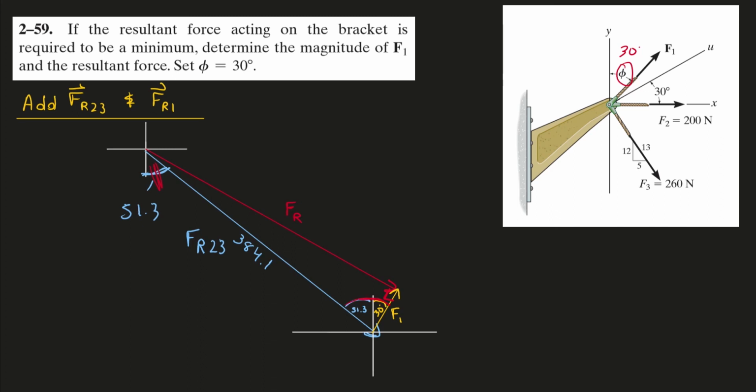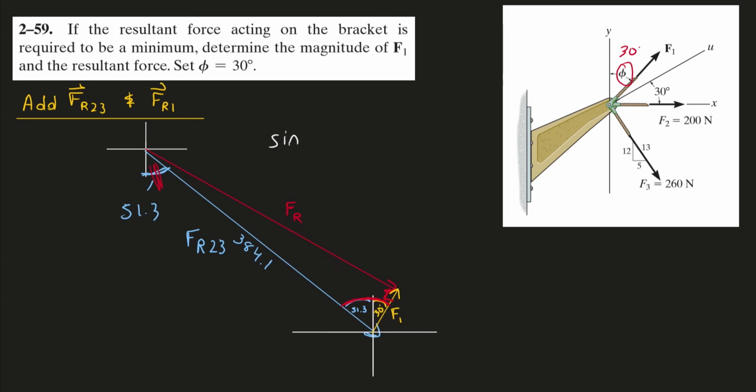So if I want to choose to focus on this angle right here, that 51.3 plus that 30, that's going to be 81.3. This side right here is the opposite of that 81.3, so I can write a simple sine statement for that.